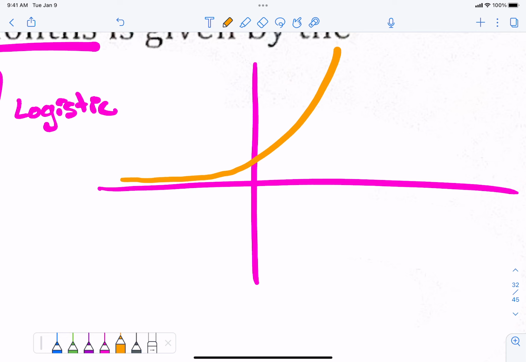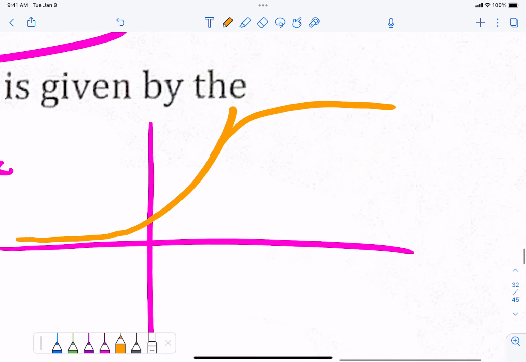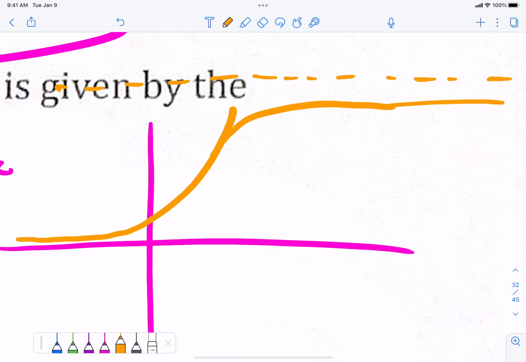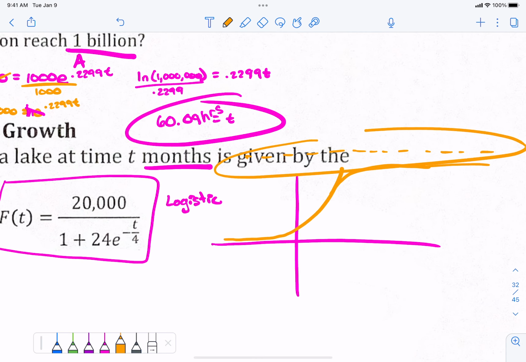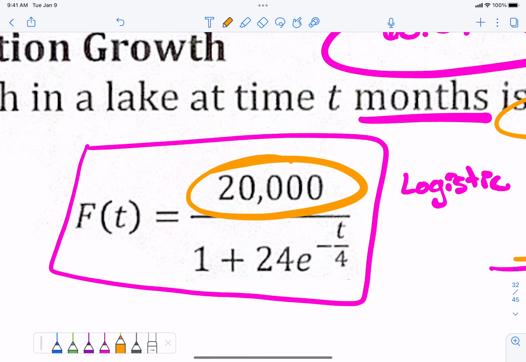So at some point it's going to taper off and there's going to be a horizontal asymptote, which is like the cap at the top. That is the max capacity, and we're going to end up flatlining at that point. Now, that max capacity, this dotted line up here, is this top number of our logistic equation.